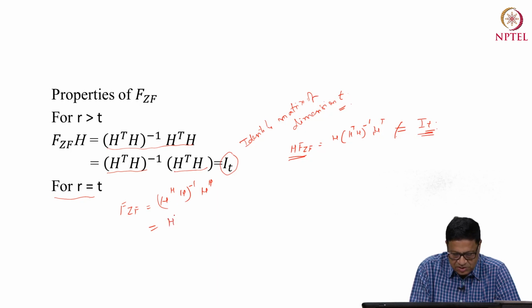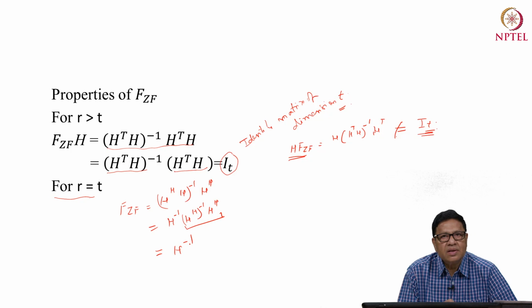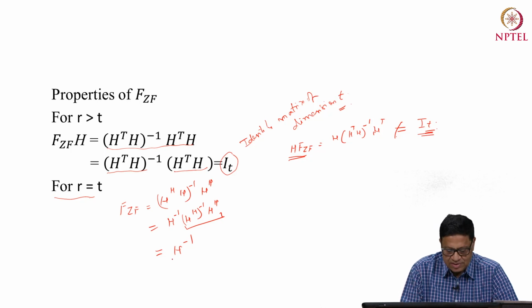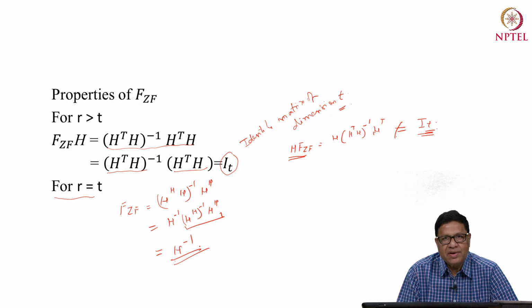So this will be H inverse, H^H inverse, H^H, and this is 1. So this actually gives you H inverse. So the pseudo inverse is applicable when R is greater than T, that is, the number of receivers is more than the number of transmitting antennas, and when they are equal, this is simply H inverse. This is what we have seen here.